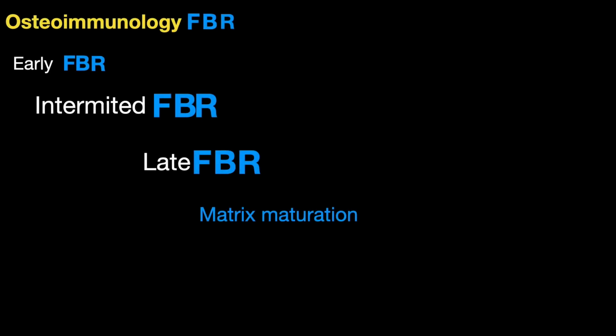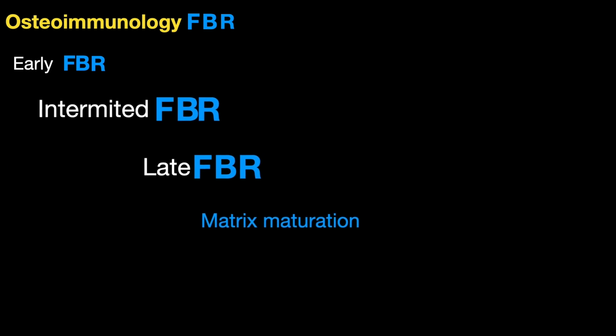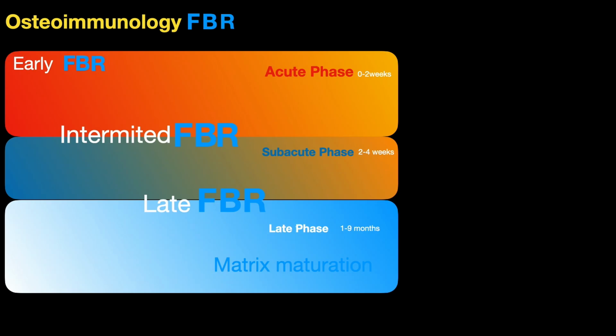So in osteoimmunology, the foreign body response can be divided into early, intermediate, late, and then later matrix maturation. It can also be divided into acute phase, subacute phase, and late phase. No matter how we divide it, it consists of certain stages.